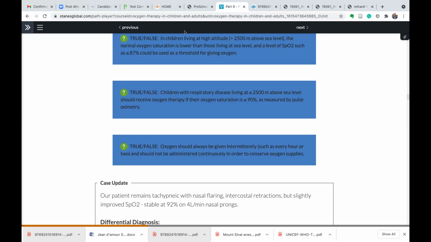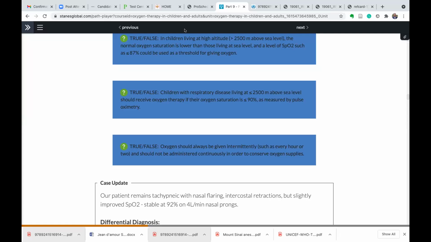Actually, COPD is not acute, it's a chronic condition. Less likely that our patient is having a chronic situation rather than a more acute one. That's my comment. Yeah, thank you, Jean-Paul.